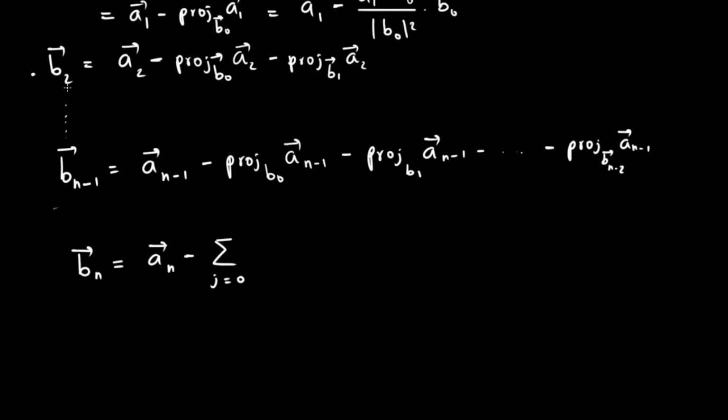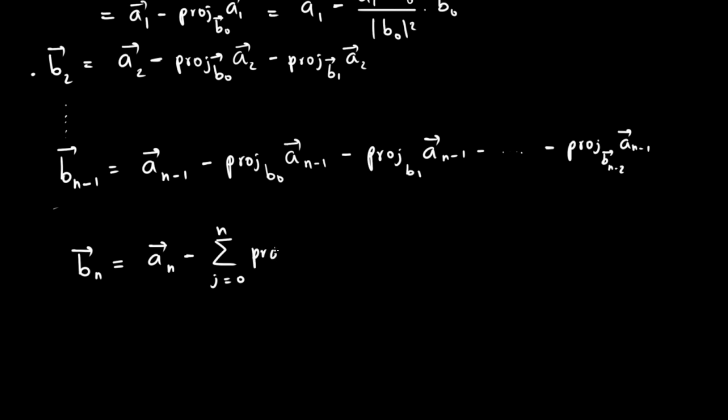So the number of terms is equal to the number of vectors we add. So for b2, we first subtract the parallel component of the first and the second. So b2 uses first and second, b3 uses first, second, and third. So this is up to n.